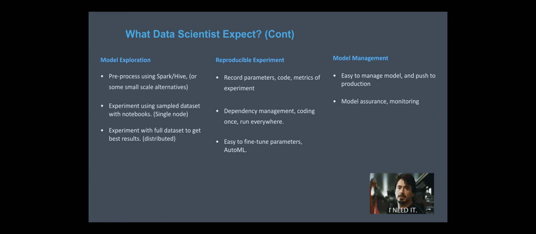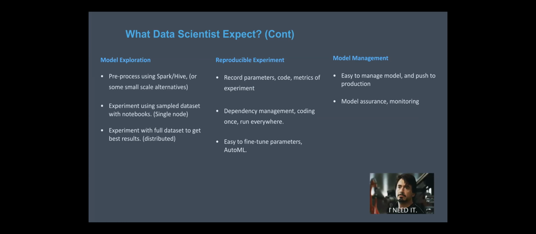So what is their expectation? For model exploration, they will use Spark, Hive, or other alternatives to do the pre-processing, and they will first try to get a smaller chunk of data to do the experiment. They will run some smaller scale training and see the result.